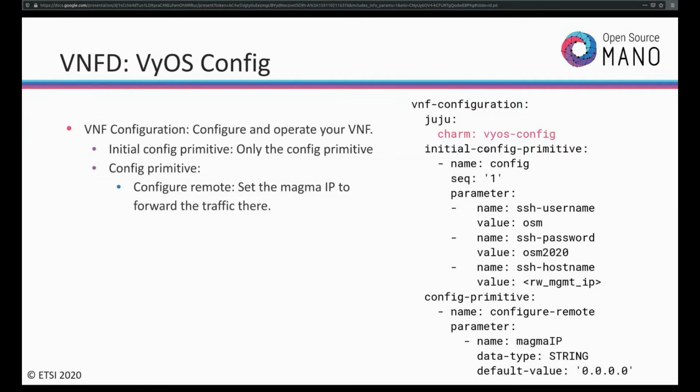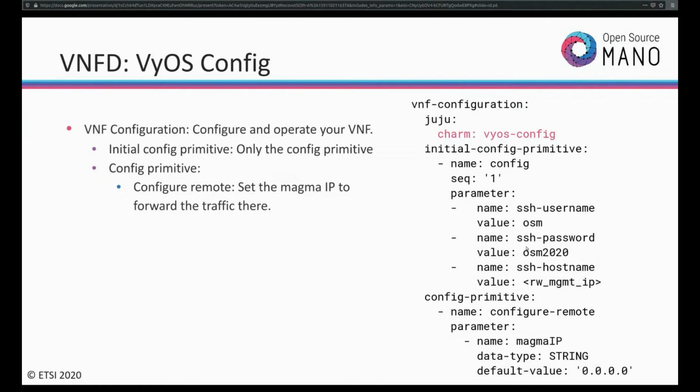Then the only initial config primitive that we will implement is the config one, which was needed for the proxy charms, and we tell OSM the SSH username and SSH password to use.